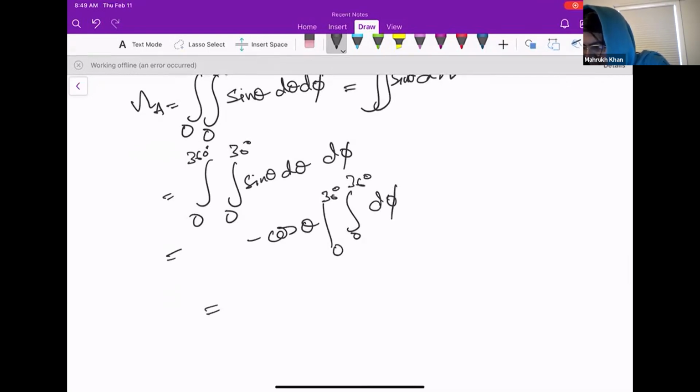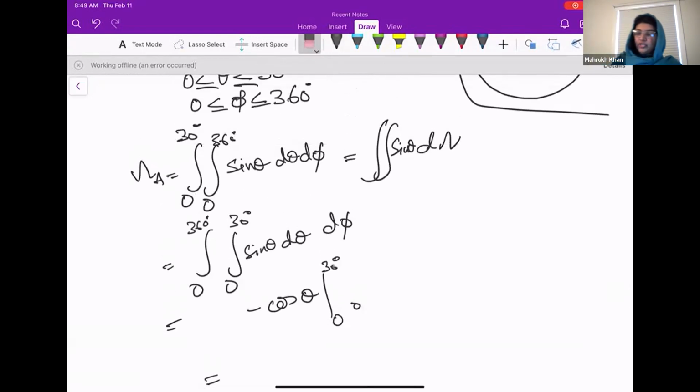Or should I not do it? Another thing you can do: you know how to change degrees to radians?